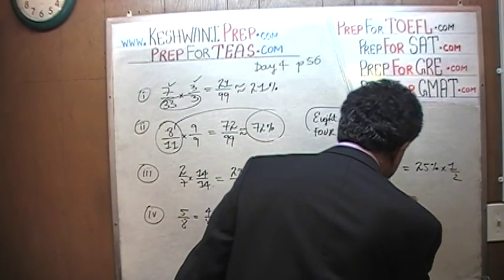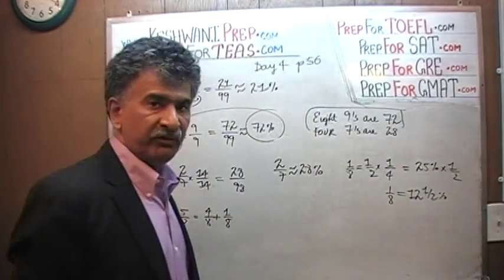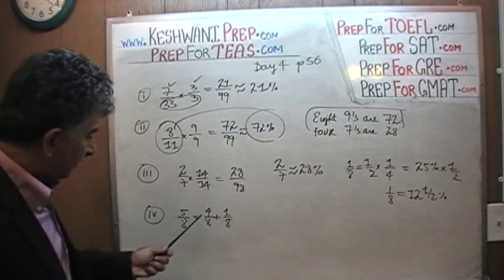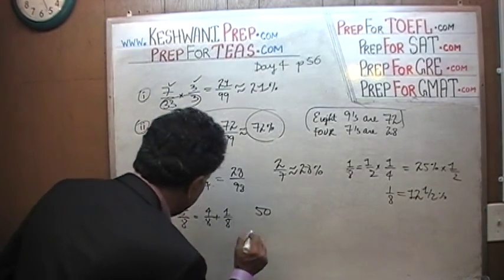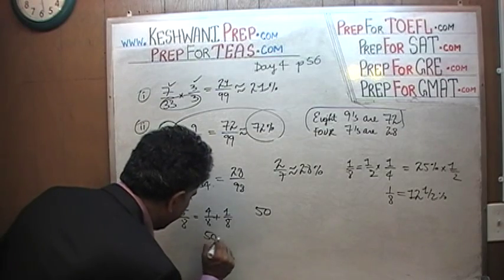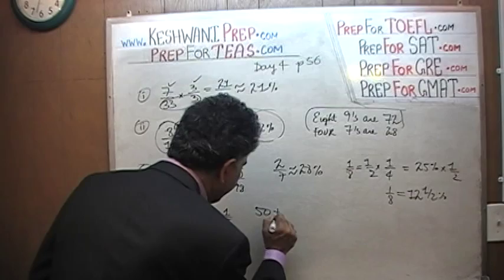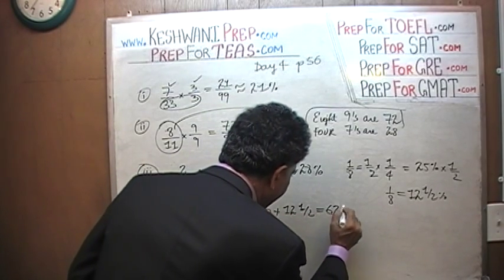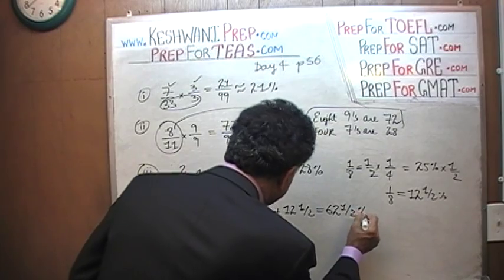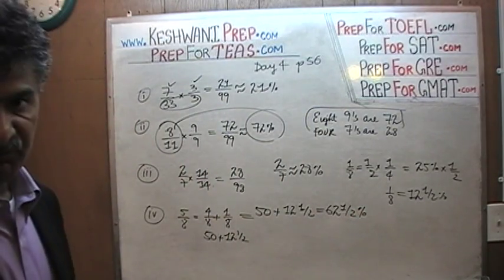Turns out that 1/8 is exactly 12.5%. So 4/8 is just half, that's 50%, and this is 12.5%. So 50 plus 12.5 is exactly 62.5%. Turns out 5/8 is exactly 62.5%.